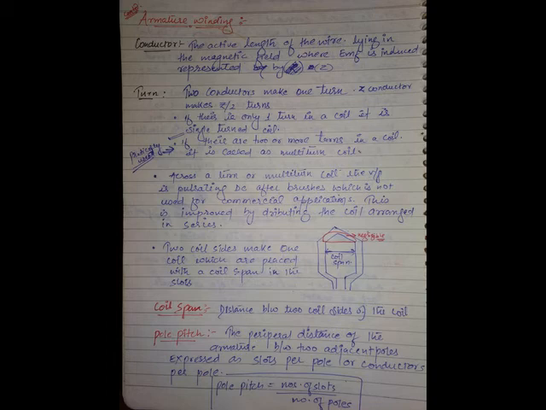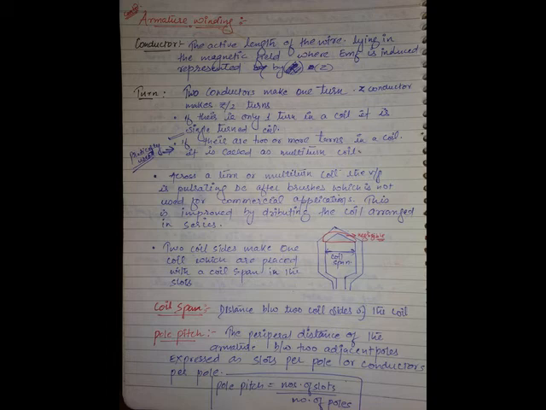Double layer winding. If there are two or more coil sides in one slot, arranged in two layers, you can observe two layers, this is one layer, the outer one, this is the inner one.